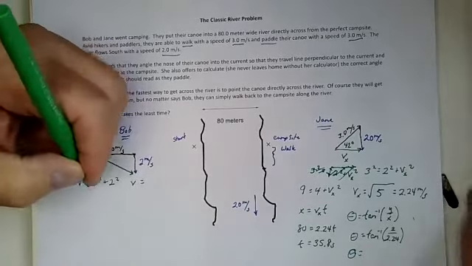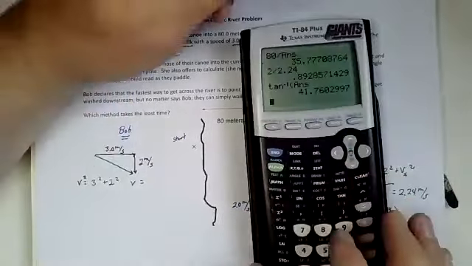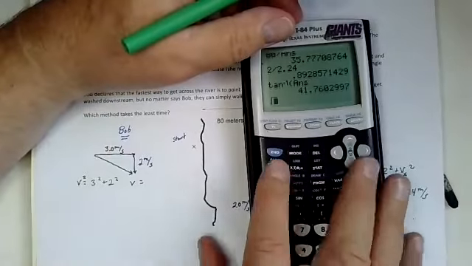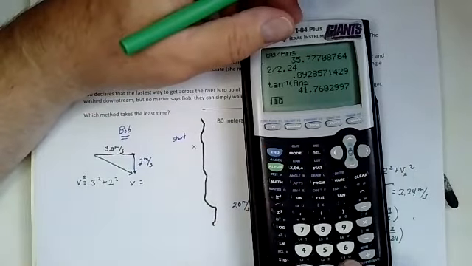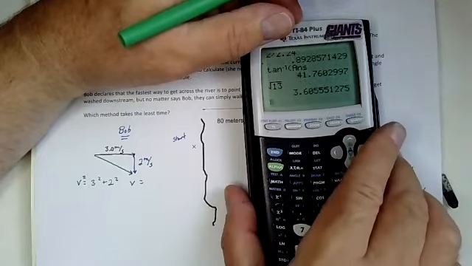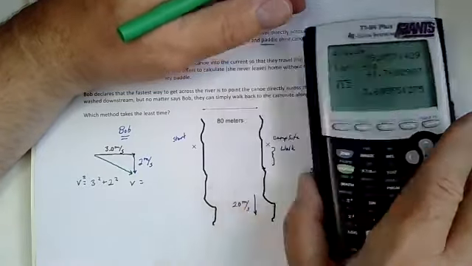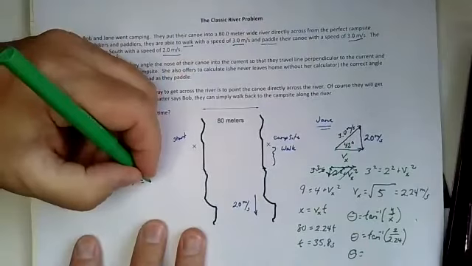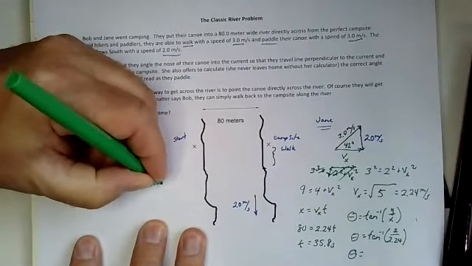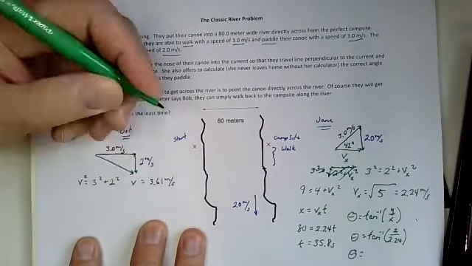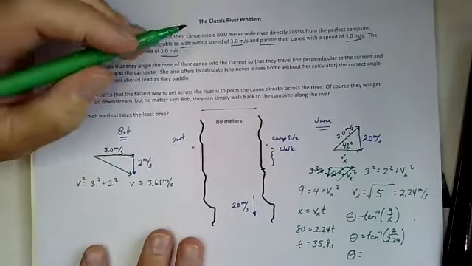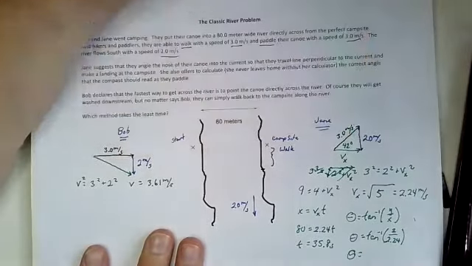So that's 9 plus 4, so that's 13. Okay, so 3.61, which is faster, for sure, than this 2.24 that we got over here.